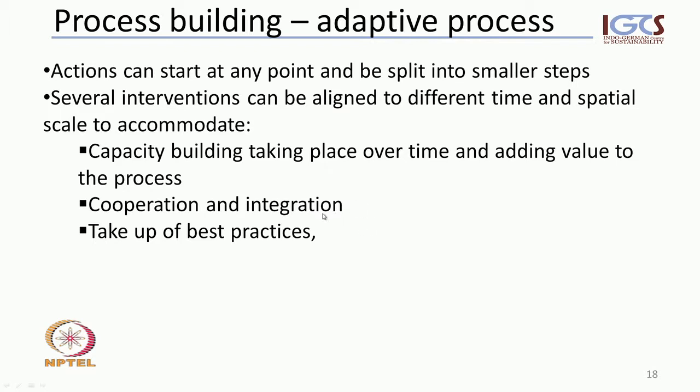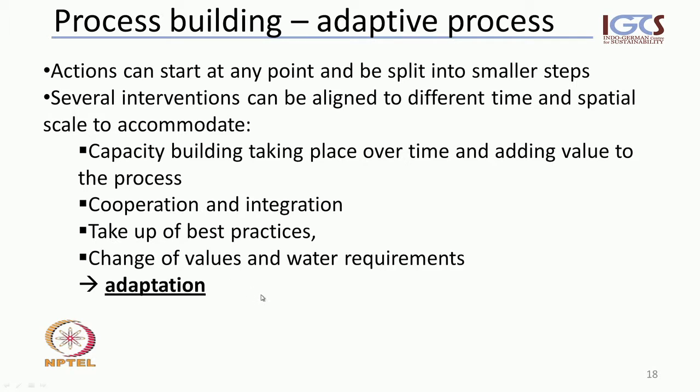There should also be a possibility to incorporate cooperation and integration efforts taking place. This includes new stakeholders, for instance, or new issues of land use which come up as river basin development is taking place and which have to be built in. It cannot be handled as a static process, and there should be a take-up of best practices.